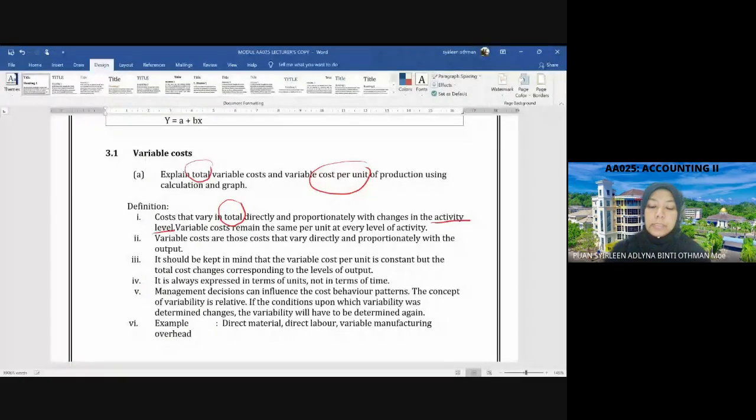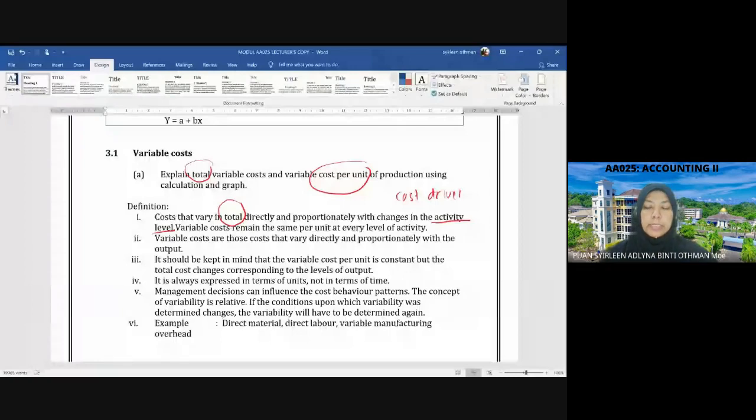So maksudnya dekat sini, dia punya cost driver, level of activity ataupun apa unit yang menyebabkan perubahan pada cost berubah tu, we call it also as cost driver. So cost driver ni akan menyebabkan nilai untuk kos berubah tu berubah dalam bentuk total. Okey, contoh kalau saya keluarkan 100 unit, kos dia RM100.